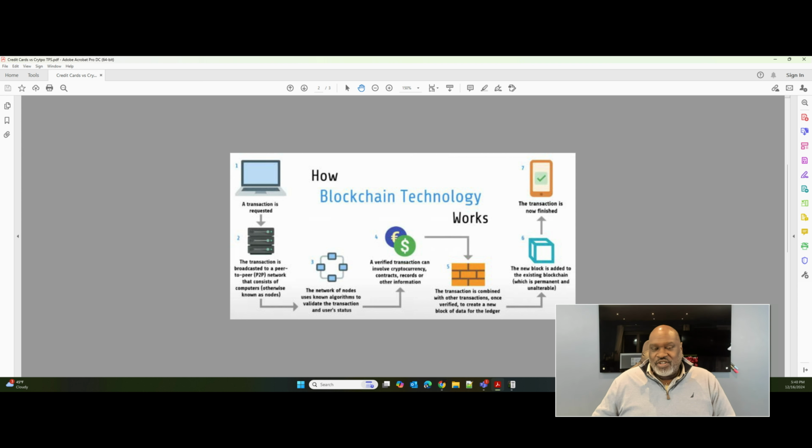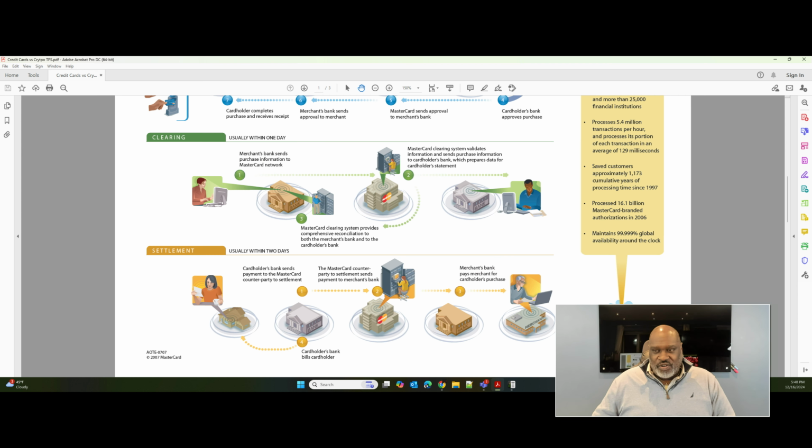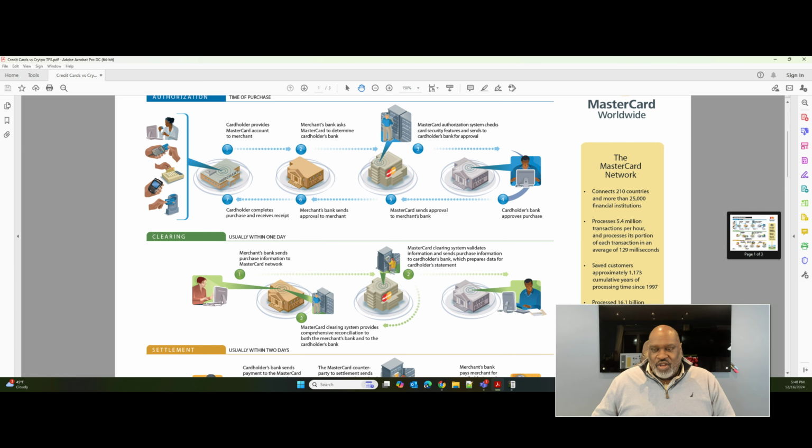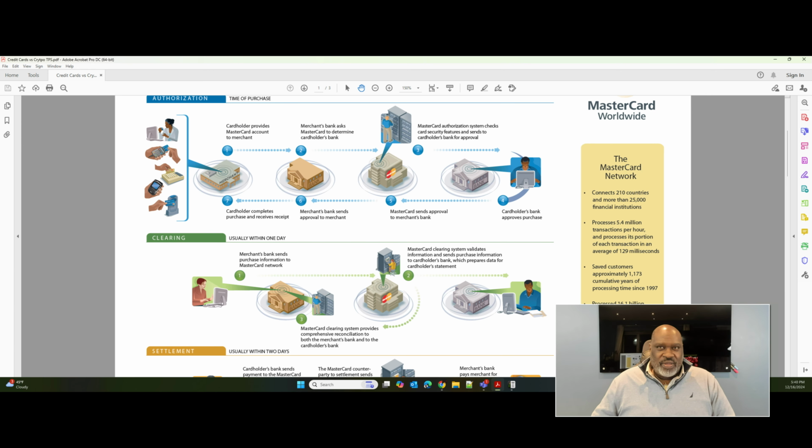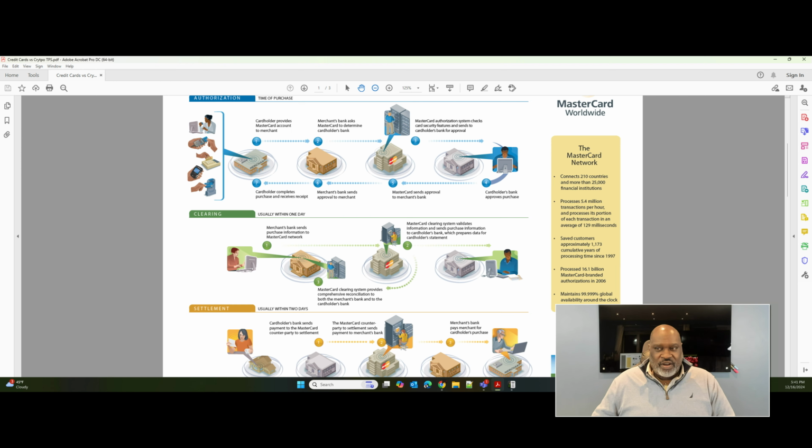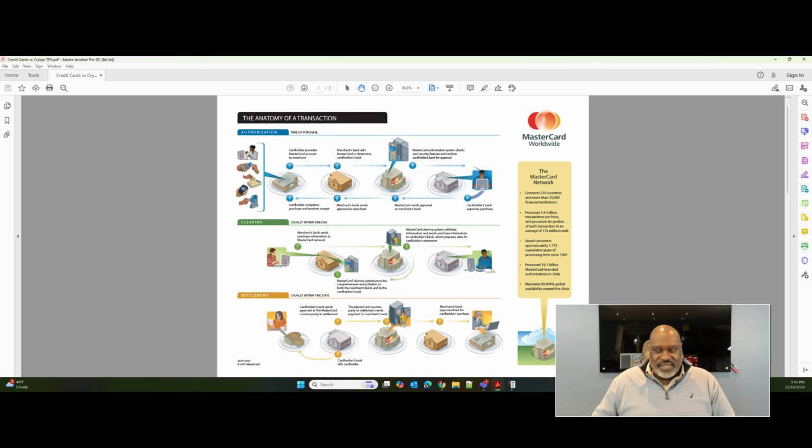Let me show you the transaction speed. So let's go back and let's remind you about this piece. This happens within about 10 seconds, right? This stage right here happens within 10 seconds. But the whole credit card process doesn't end here in 2 days. Think about that.